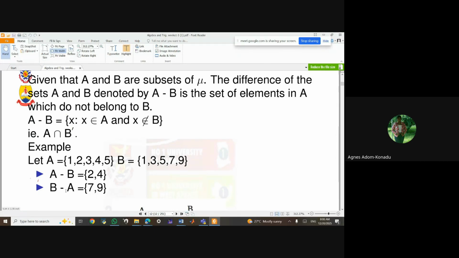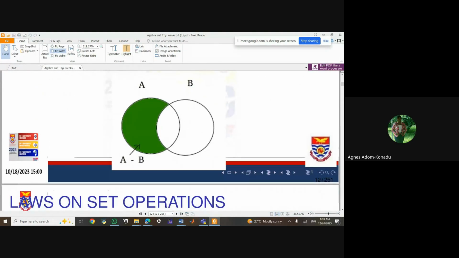Then B difference A will be only 7. They are not equivalent, but I'm talking about elements in B that are not in A. Okay, I understand. Thank you. Any question? You're welcome.